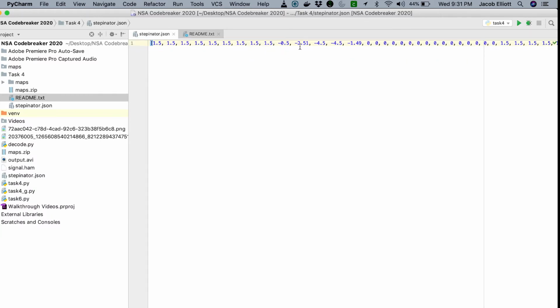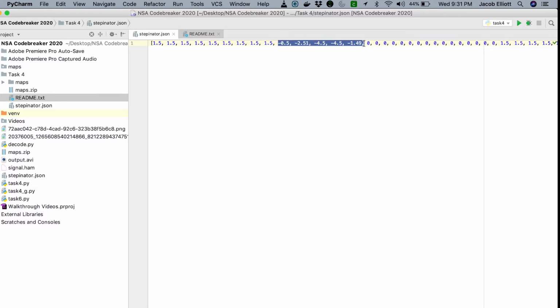Now we can look at the actual Stepinator data itself, and we can see these acceleration measurements here. You can assume that these 1.5s are some kind of constant acceleration, then negative acceleration, meaning they're slowing down, and then zeros.